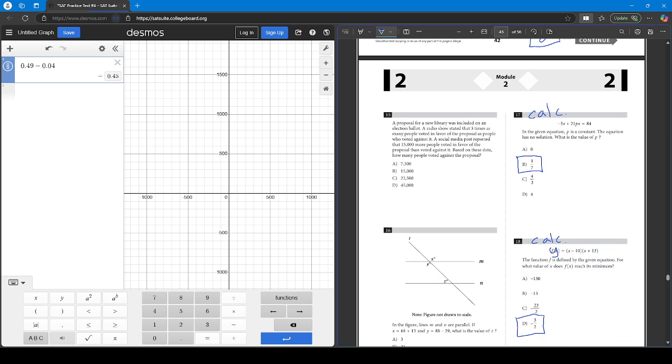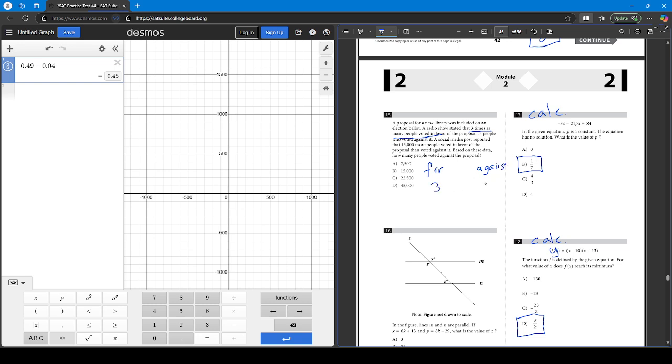Question number 15. A proposal for a new library was included on an election ballot. A radio show stated that 3 times as many people voted in favor of the proposal as people who voted against it. A social media post reported that 15,000 more people voted in favor of the proposal than voted against it. Based on these data, how many people voted against the proposal? So it was included. A radio show stated 3 times as many people voted for as against.